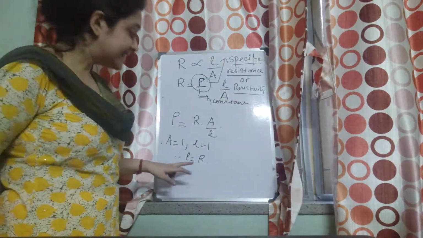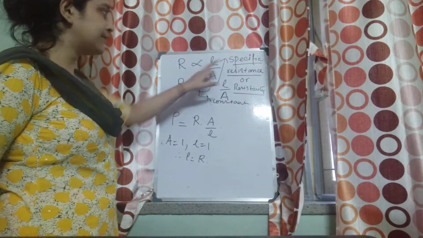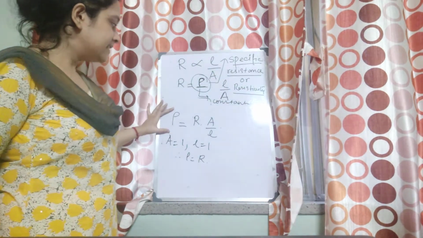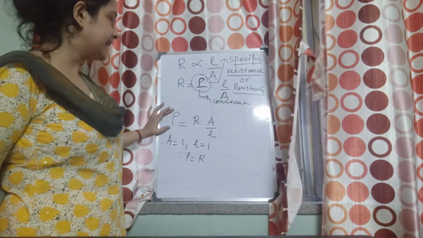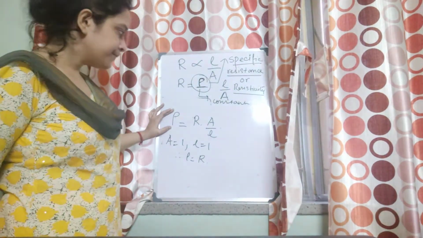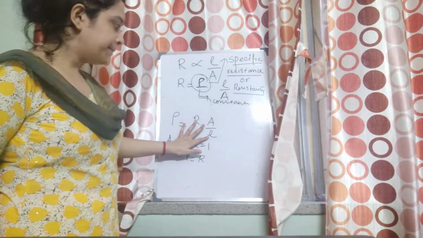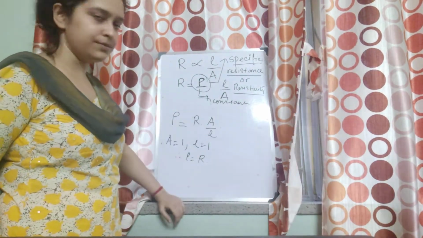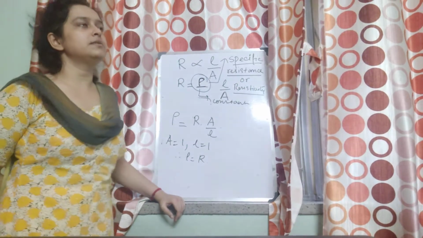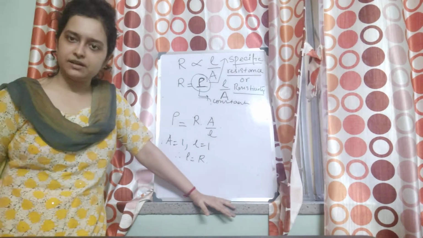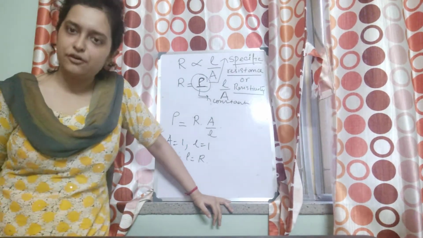we can therefore define the specific resistance as the resistance offered by a conductor per unit length per unit area of cross section of a material. Define specific resistance of a material.